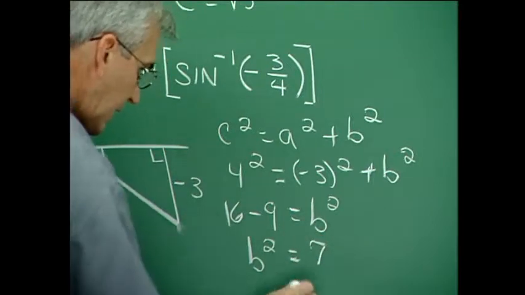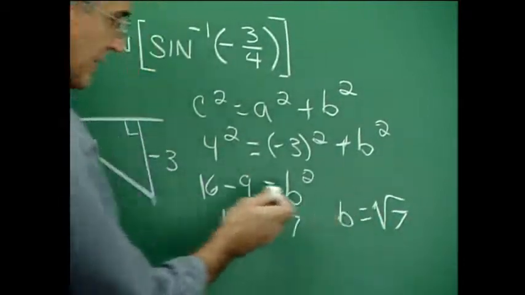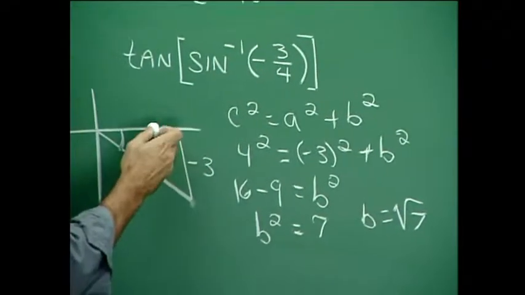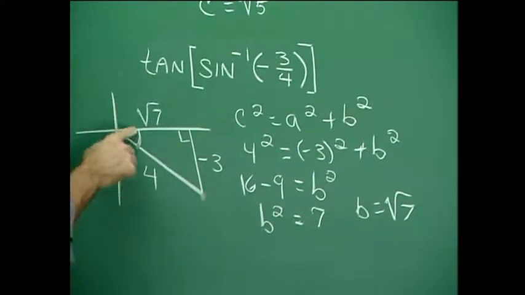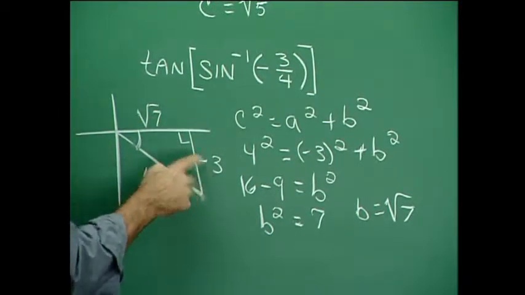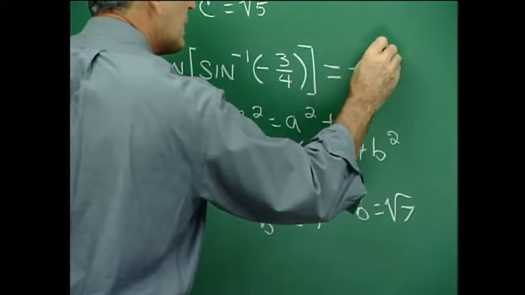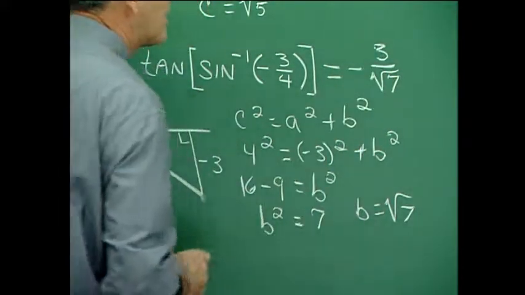So b is equal to the square root of 7. And it's the positive square root because we want the distance along this positive x-axis, and so this is the square root of 7. Now, the tangent of this angle is, let's see, opposite over adjacent. It is negative 3 over the square root of 7. So we write negative 3 over the square root of 7, and we could rationalize from here if we want to.